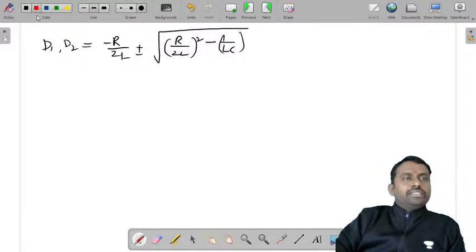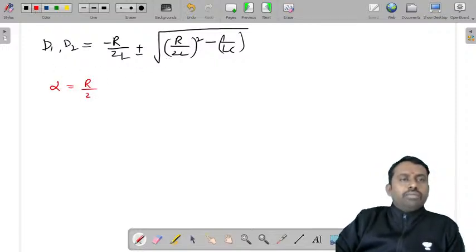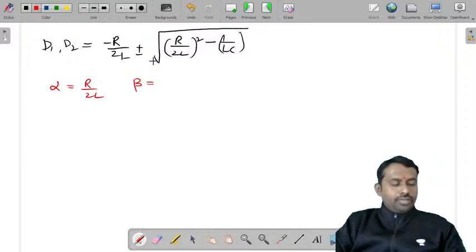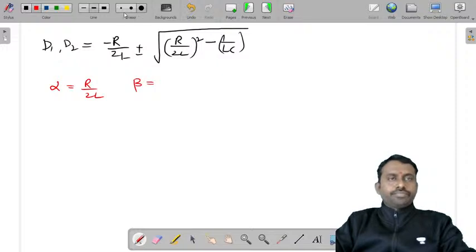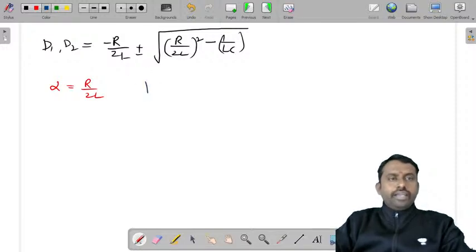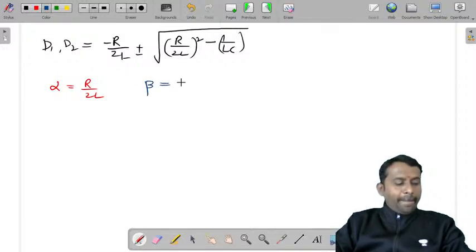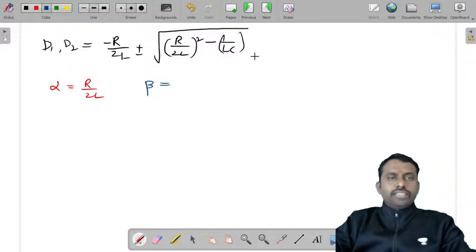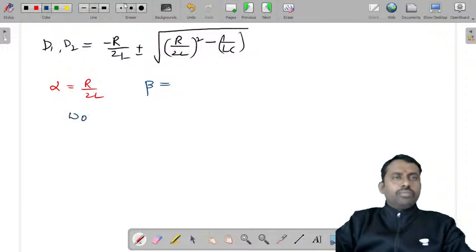So I'll denote alpha is equal to R by 2L, and omega naught is equal to 1 by root LC. So omega square is equal to 1 by LC.